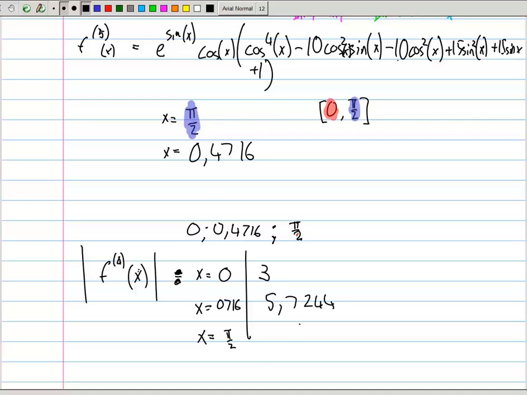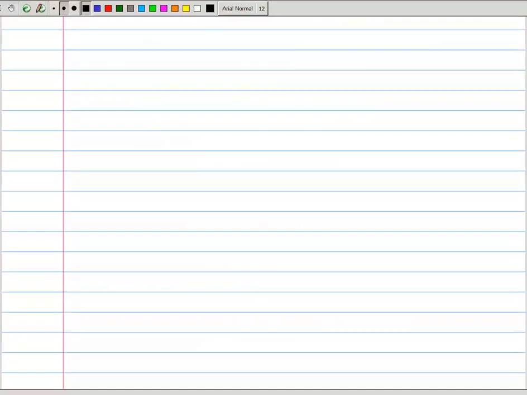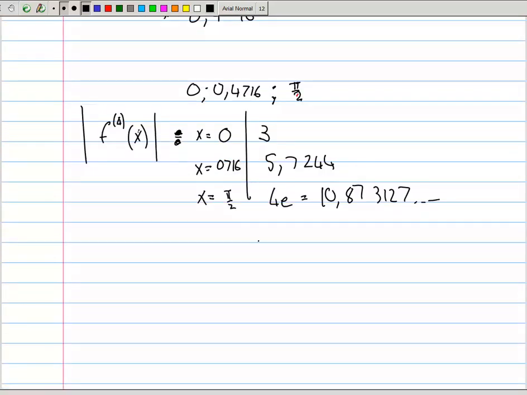Plug that into the equation, and we get 4e, which is equal to approximately 10.873127. Now, we are looking for the largest value, and we can see that that is 4e. So therefore, we can conclude that our k value is equal to 4e.